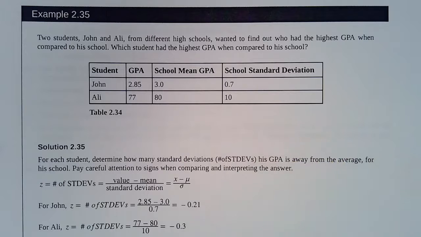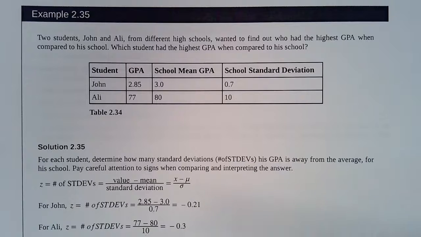So what we do is you take their raw score and subtract the mean from that, and then divide by its standard deviation. So now the z-score for John is negative 0.21. And then for Allie, her GPA of 77, subtracting the mean of the school, which is 80, divided by its standard deviation, 10, gives her a z-score of negative 0.3.